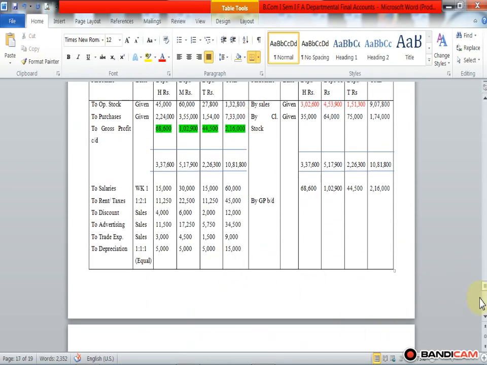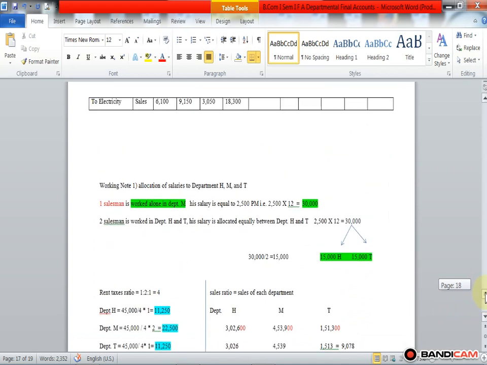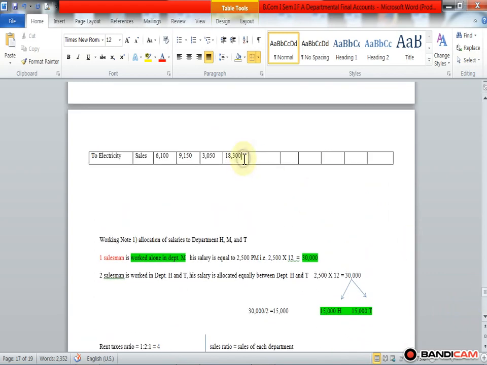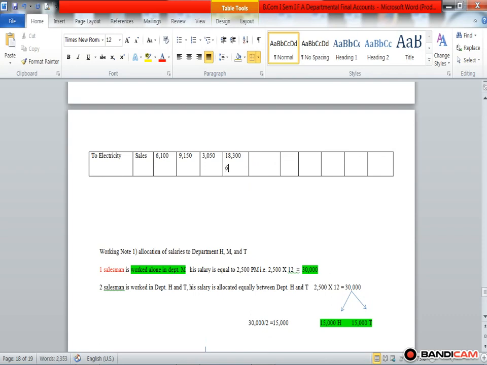So here 6,600 to carriage outward. Okay, carriage outward is distributed on sales ratio.